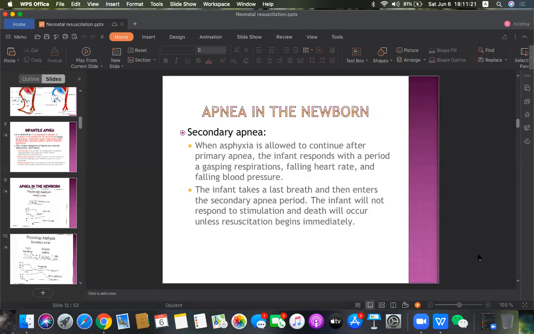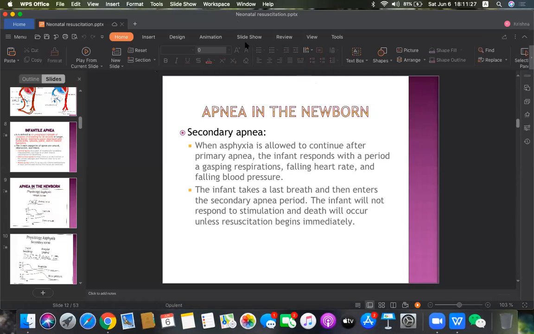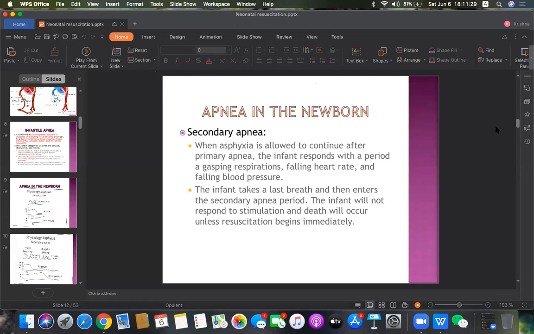But what you need to do in secondary apnea? See there? In secondary apnea, because this is a prolonged asphyxia, there is definite bradycardia, there is a definite fall in blood pressure, and the baby is having gasping type of breathing, very few respirations.